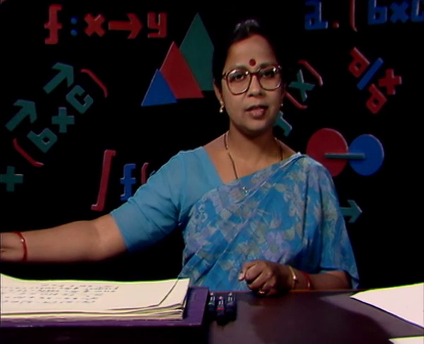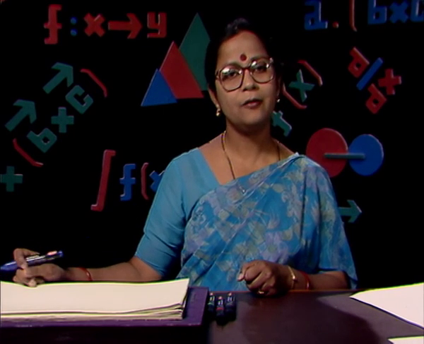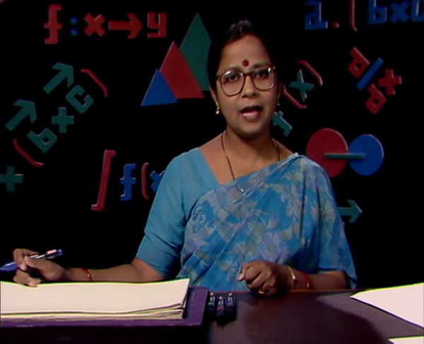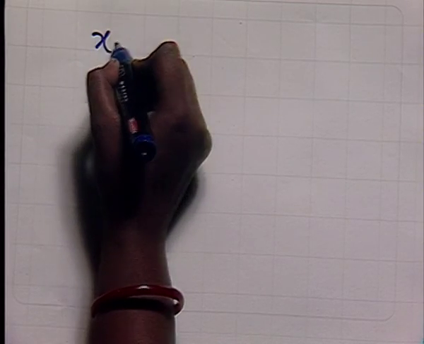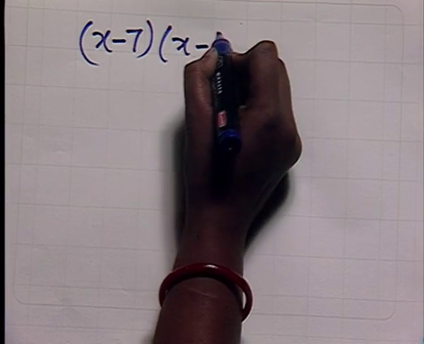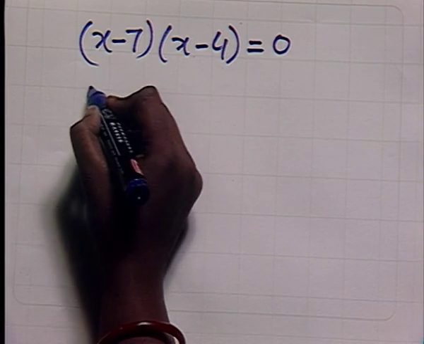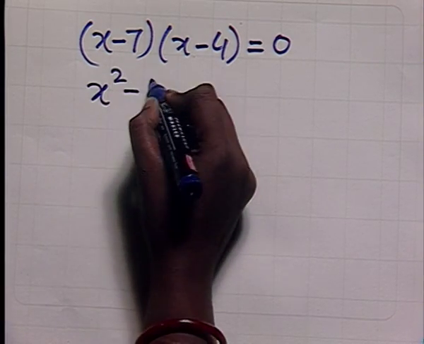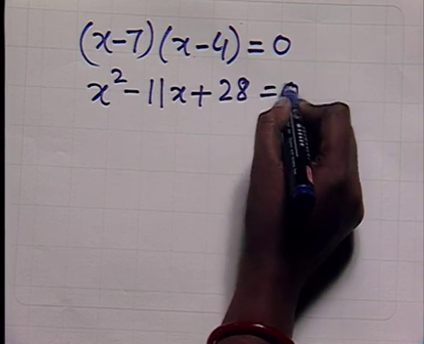Suppose we have to construct an equation whose roots are given as 7 and 4. Again, the factors giving these roots will be (x − 7)(x − 4) equated to 0. We get the equation x² − 11x + 28 = 0.